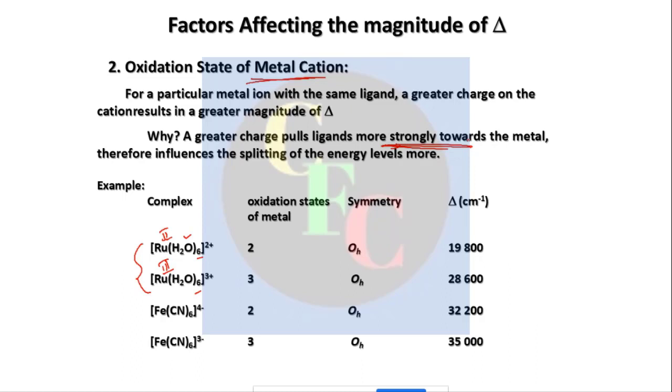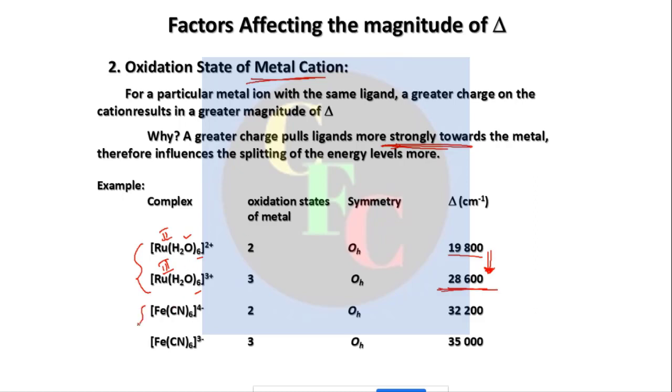This interaction of the ligands, these point charges, will induce more splitting. So now you see it is much more. The plus 2 was nearly 20,000 centimeter inverse, and it is now nearly 30,000, an increase of nearly 50%.